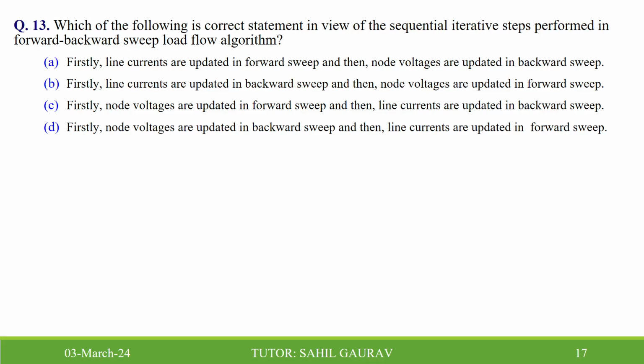Option B: firstly line currents are updated in backward sweep and then node voltages are updated in forward sweep. Option C: firstly node voltages are updated in forward sweep and then line currents in backward sweep. Option D: firstly node voltages are updated in backward sweep and then line currents in forward sweep. So which should be the correct option?